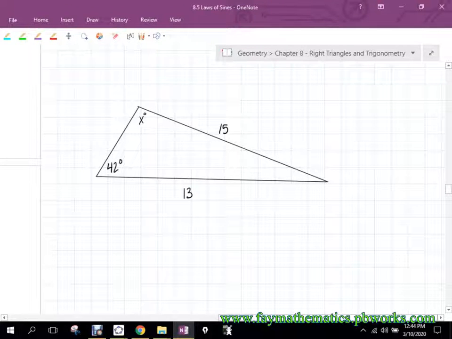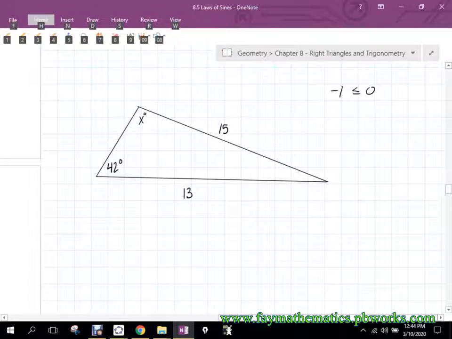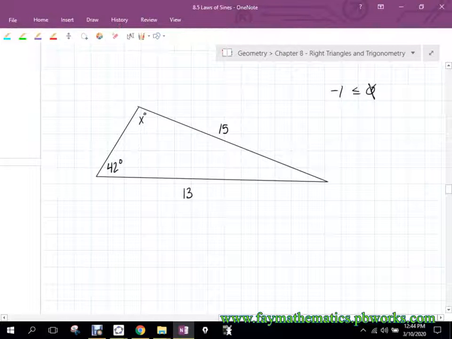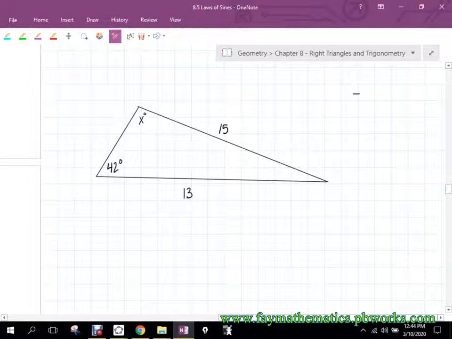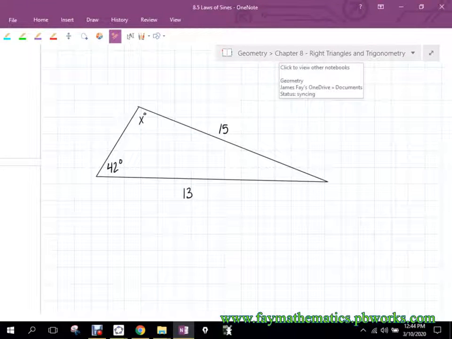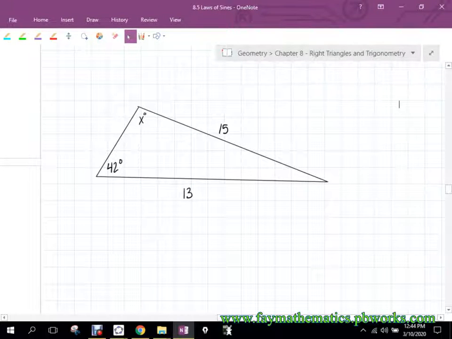What happens is, and I probably should have thought about this before, the sine function can only, when you type in the sine inverse, the ratio, the number has to be between -1 and 1. Okay, it has to be between those two numbers. So the quotient that was working out there was greater than 1. So this hopefully will work.